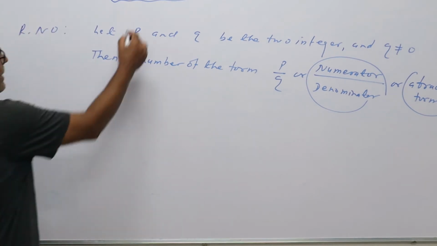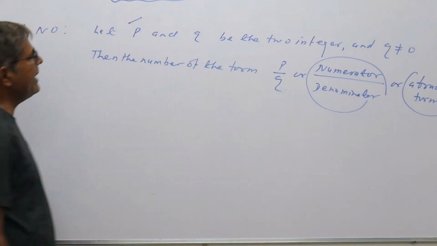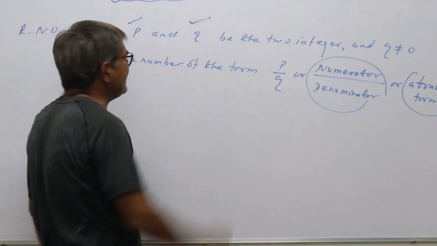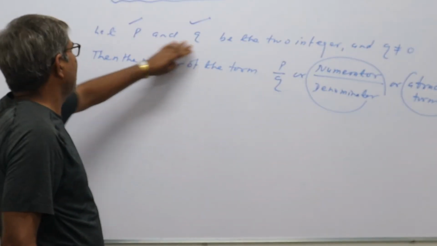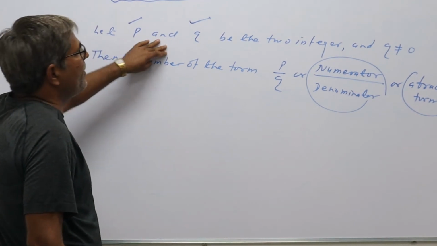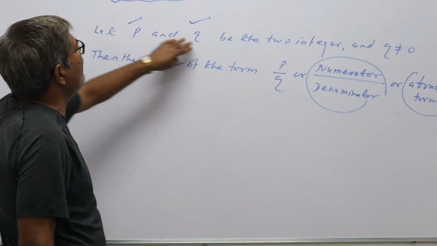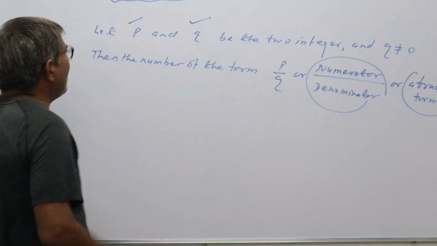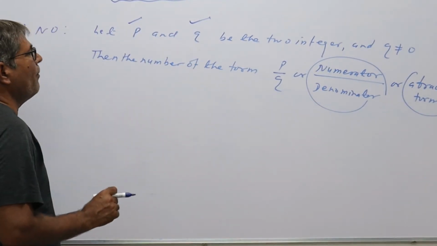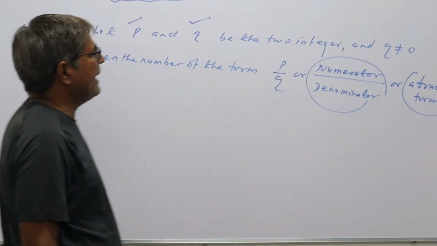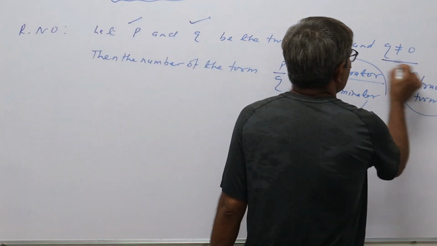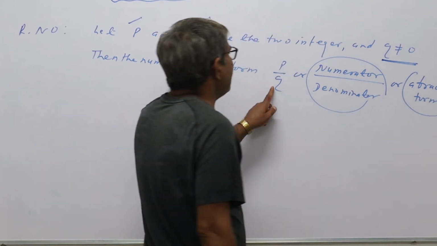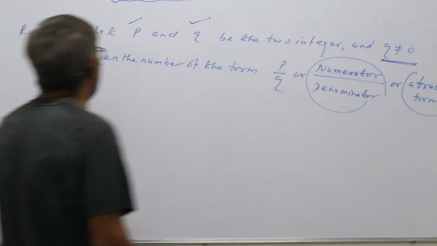So let p be one integer, q be another integer. p and q both are integers, maybe both positive, maybe both negative, maybe one positive and another negative. But p and q both are integers, and one condition is that q is not equal to 0, means the denominator cannot be equal to 0.